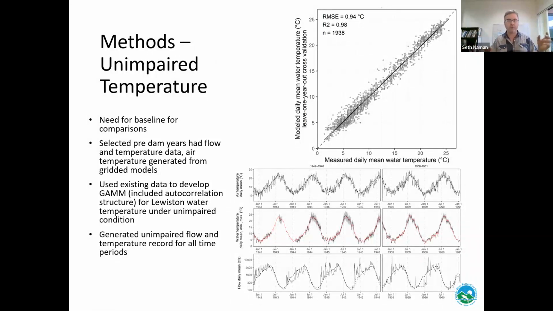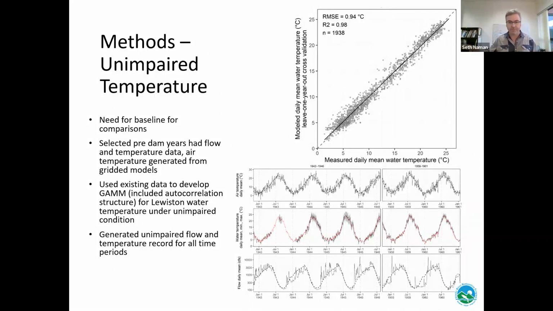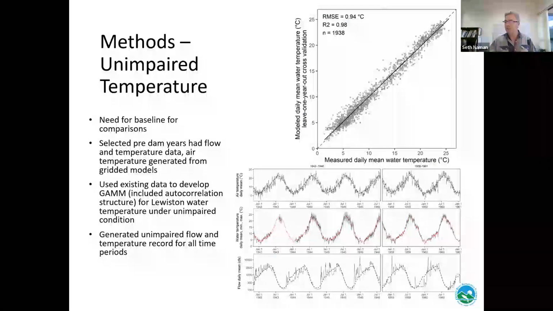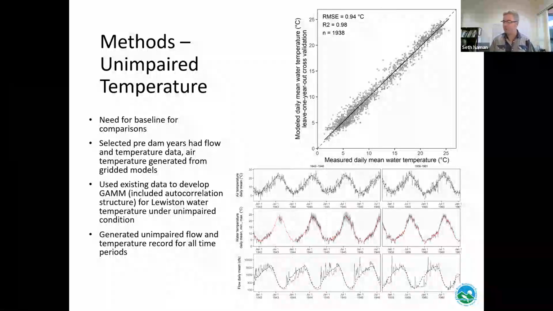Each measurement is related to the last one because of warming and cooling cycles. That allowed us to generate a modeled unimpaired flow and temperature data set. What you're looking at on the upper right is the leave-one-year-out cross-validation of the model against the years that we have. As you can see, it performed very well.